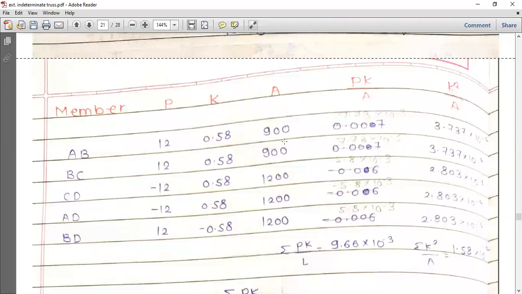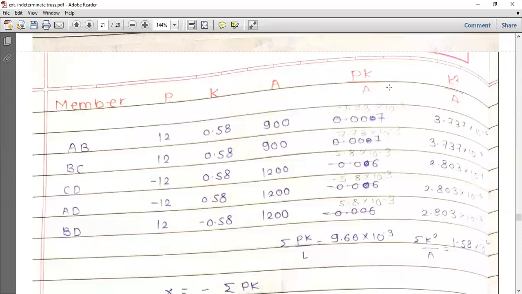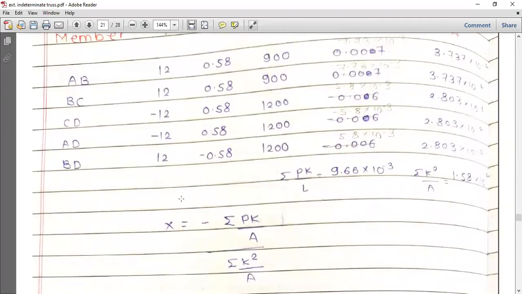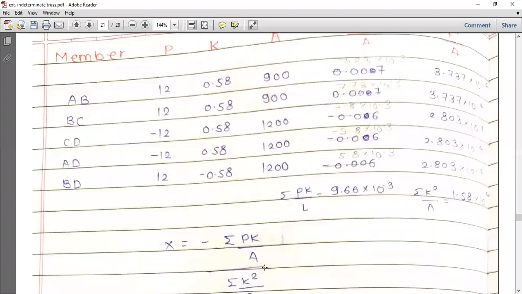That's why I have not written the length component, because in this formula, while getting the force coefficient, the formula is summation of PKL upon A divided by summation of K square L upon A. So L, length in numerator and denominator will get cancelled, and for all the members length is the same.